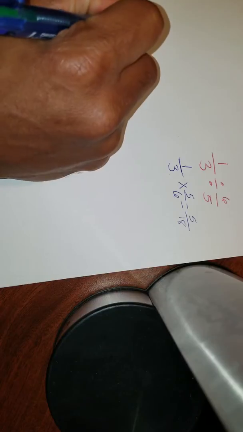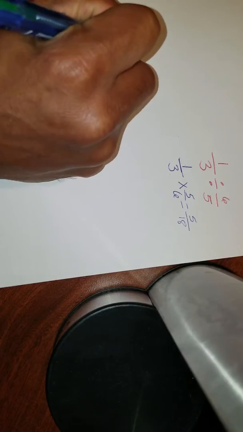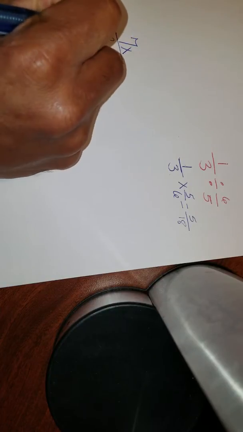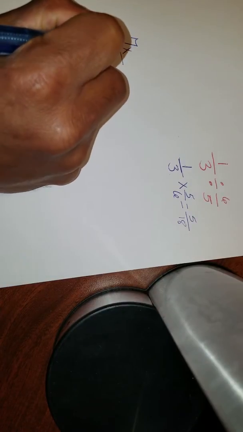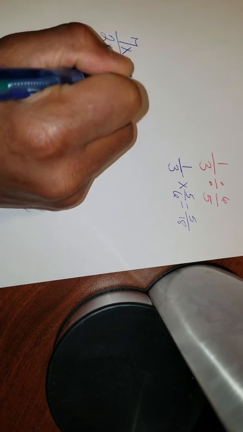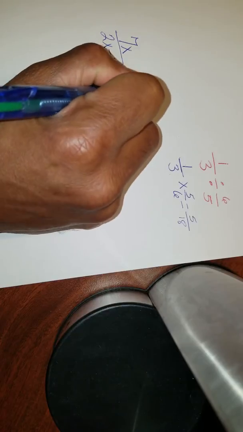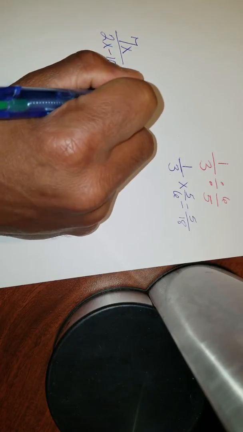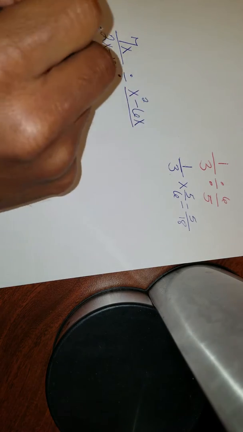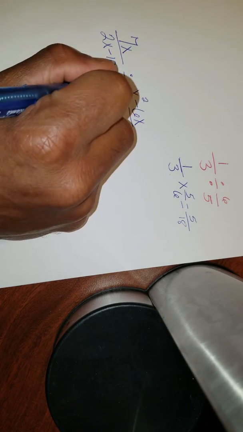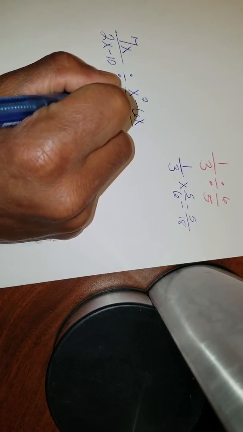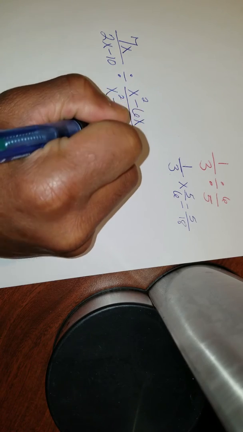We will have 7x divided by 2x minus 10, divided by x squared minus 6x divided by x squared minus 11x plus 30.